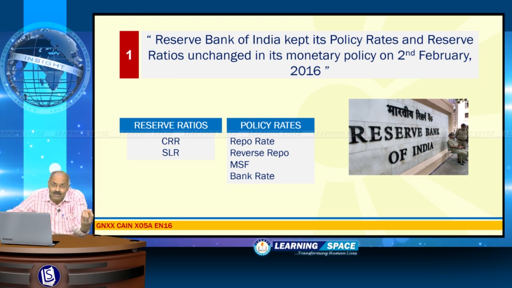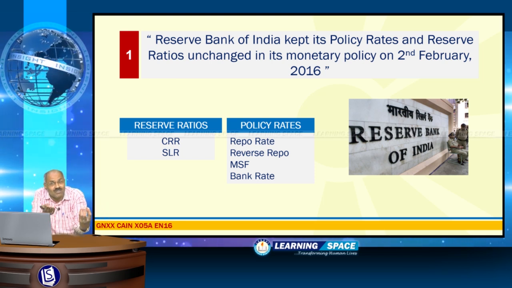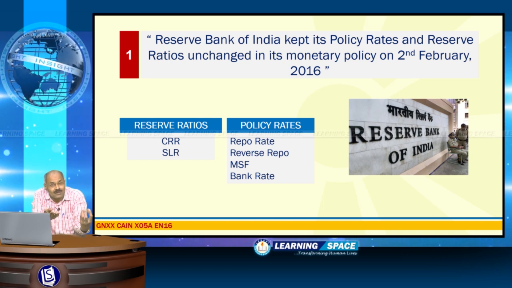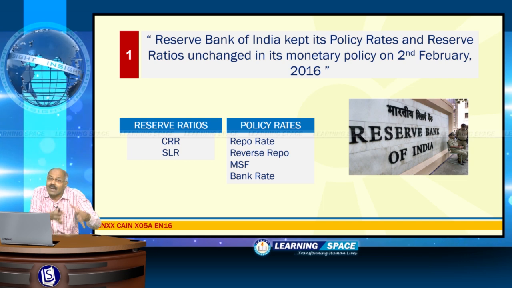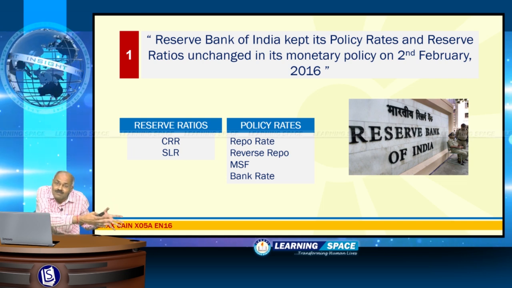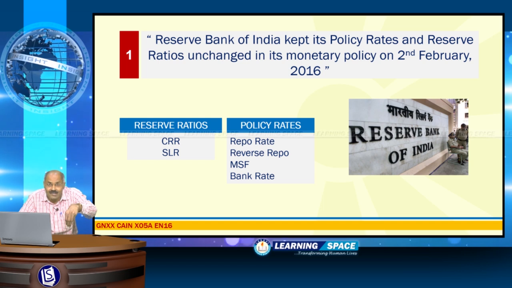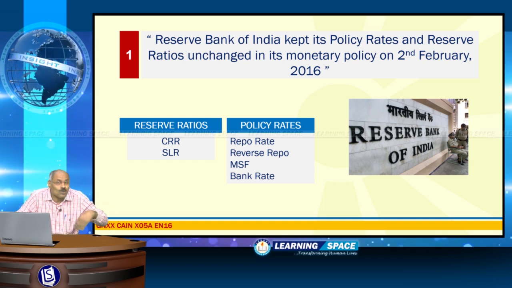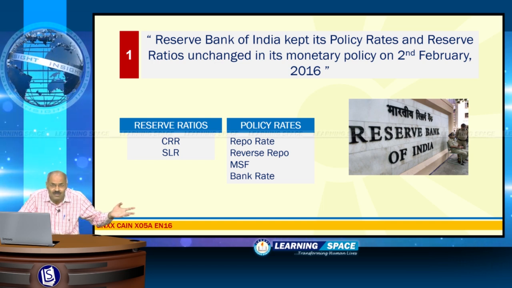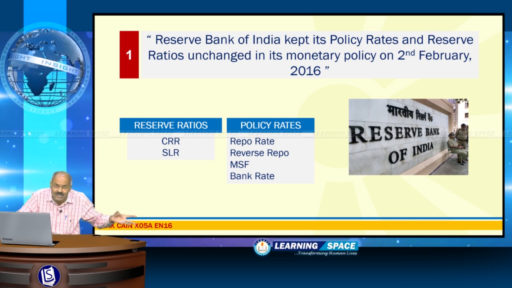The second reason for inflation is cost push inflation, that is due to the increase in the cost of raw materials or labor costs. That is the prerogative of central government. Third is due to structural deficiencies, due to improper infrastructure, no roads, no transportation facilities, no logistic facilities.